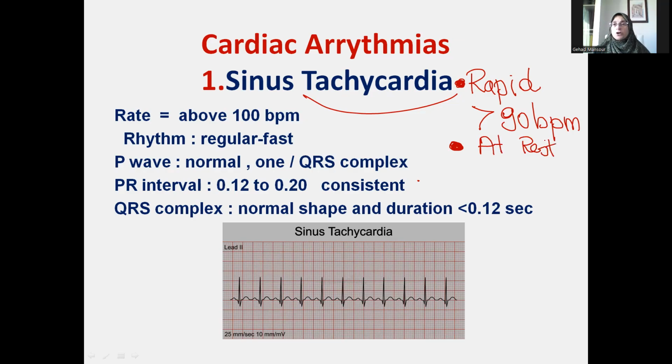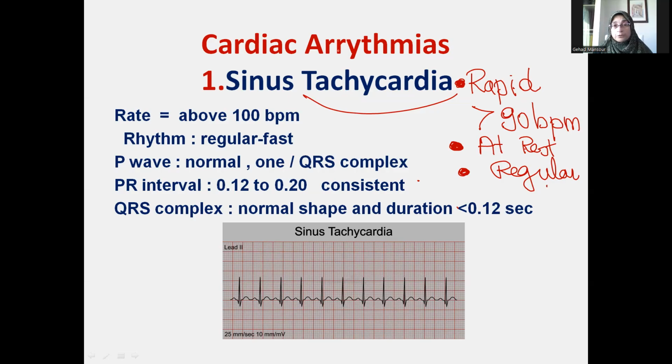Because if you have a heart rate that is more than 90 beats per minute because you're walking fast, or because you're running, or because you're exercising for a reason or another, then it is normal that there would be a physiological increase in your heart rate. This is a physiological response. And you also have to say that it is a regular heart rate. Okay, so it is fast, it occurs at rest, it is regular, it's not irregular.